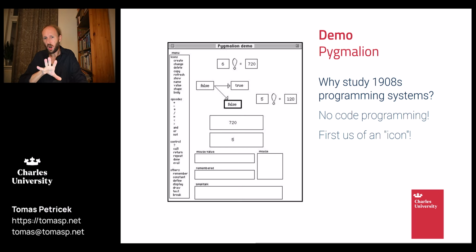There was no code, it was just interaction, and it also incidentally is interesting as the first programming system that used the concept of an icon, but in a more interesting, richer way than we do today. This is a system from the 1980s whose source code is available as scanned Smalltalk 72 source code. So I don't think there's any chance of running it directly very easily.